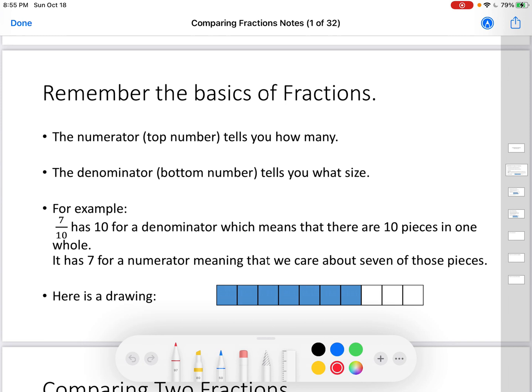Here's a drawing: we have 10 pieces, and 7 of them are what we care about. 7 out of 10. 7 is the numerator, 10 is the denominator.